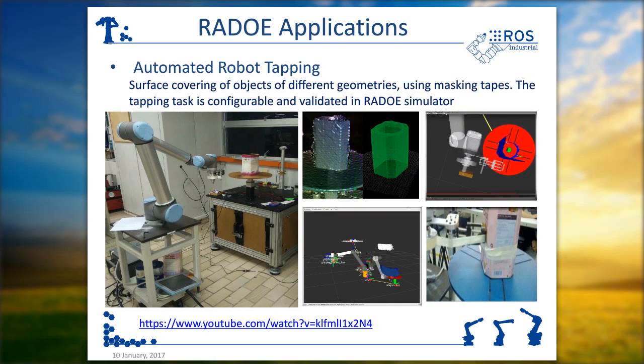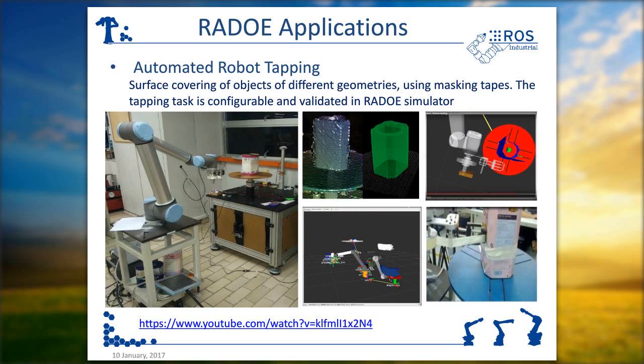The second demo we have is the automated robot taping system, which is for aerospace applications, in order to automate the taping of areas commonly used in aerospace repairing applications.